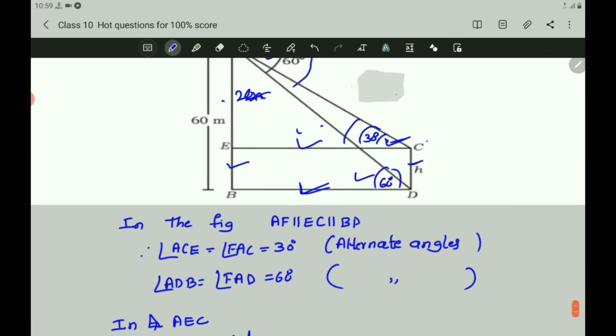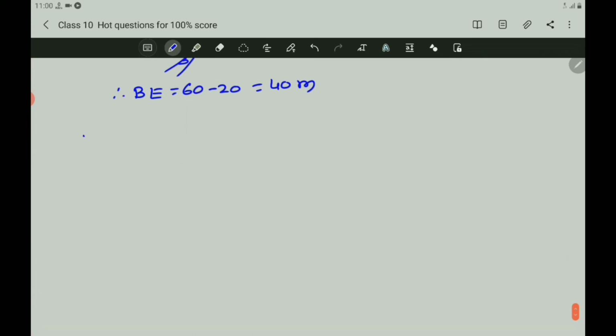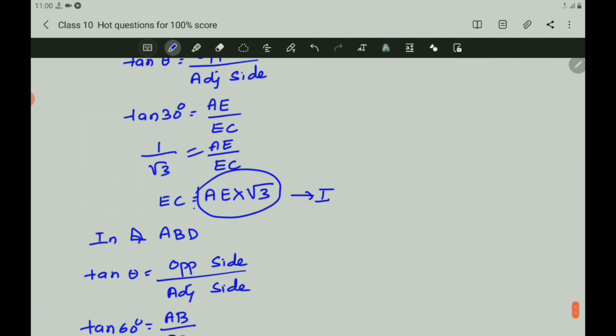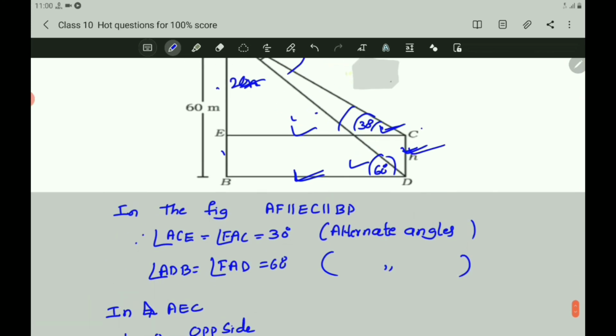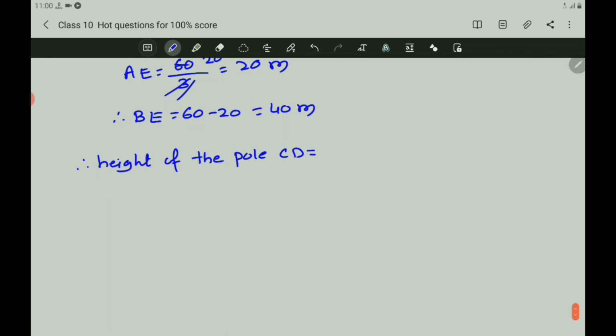You know that this BE is nothing but the height of the pole CD. Therefore the height of the pole, that is CD, is equals to BE, which is 40 meter.